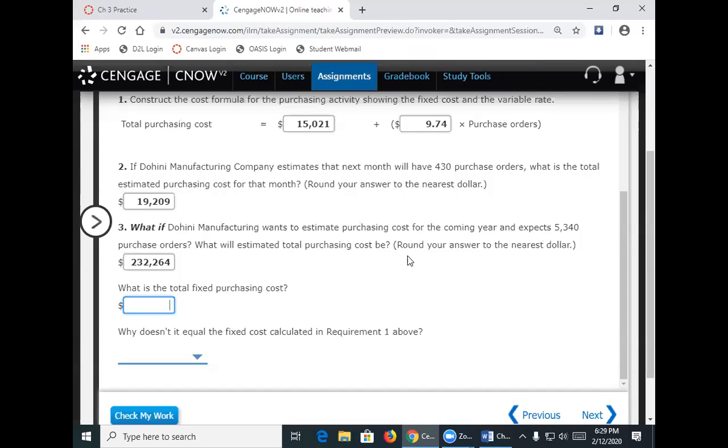So all we're saying there is out of our total cost, the 180,252 was the fixed portion. And then total cost was 232,264. And then clearly it's the same as the last one, right? The reason our fixed cost is not the same is because we're looking at a year's worth of fixed costs, or there's 12 months in a year. Any questions on that one?